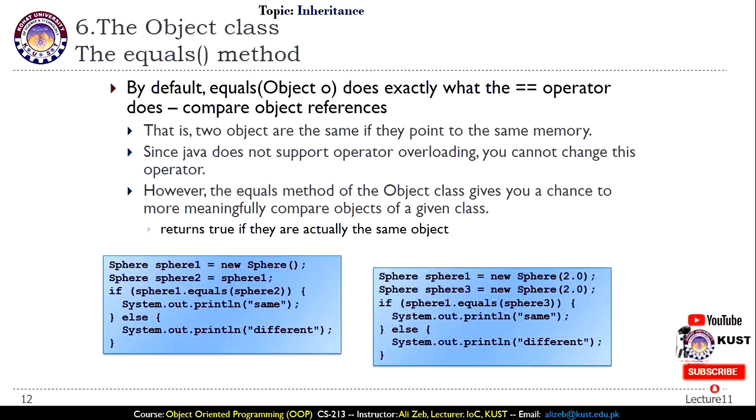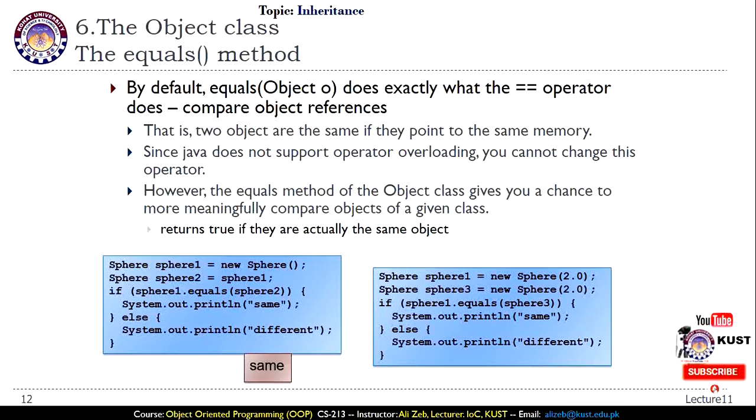And here we see two objects, sphere1 and a sphere3 created using a certain value, and they are compared exactly the same way as we did for sphere1 and sphere2. Sphere1 and sphere3 are compared using this statement, called on sphere1, to see if sphere3 is equal to sphere1 or not.